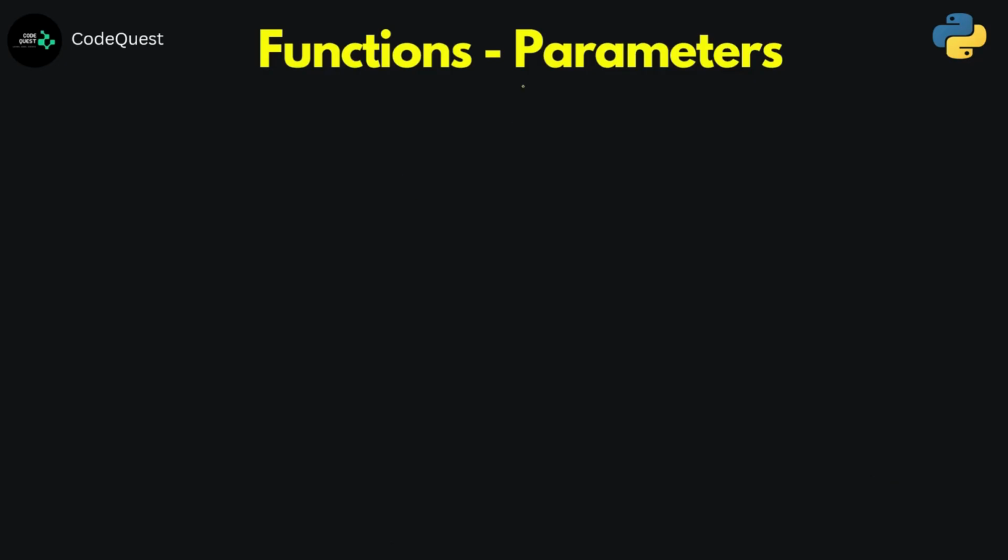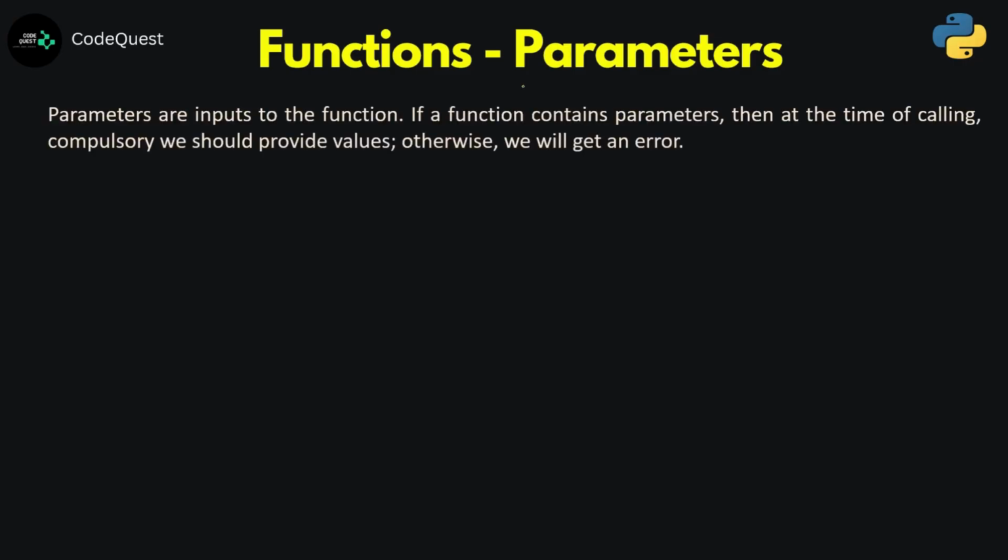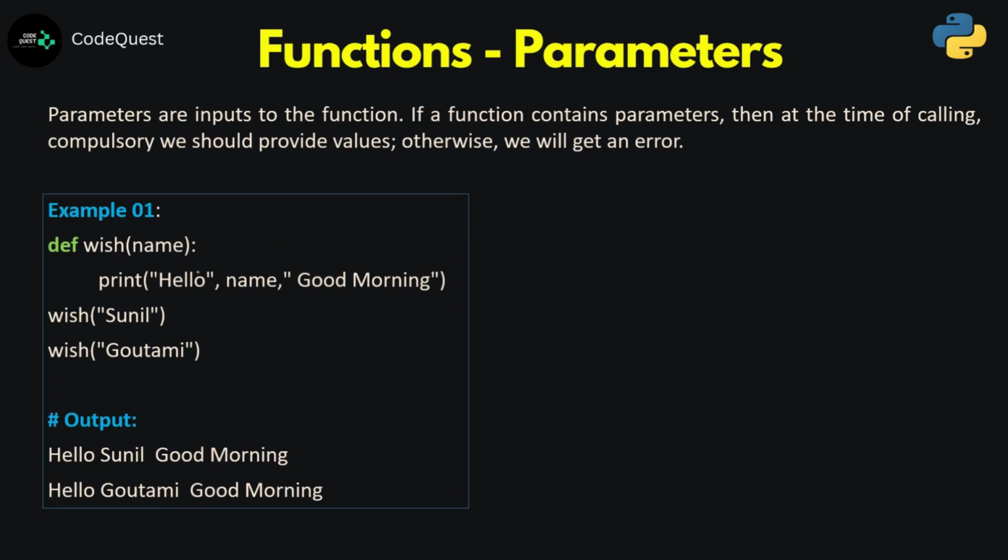Now, every function that we define may or may not have parameters, and usually the parameters are the inputs that are given to a function. If a function contains one or more parameters, then at the time of calling we compulsorily have to provide those values. If we do not do that, then we will get an error. For example, here let's say we have taken a function, say wish, and there is one parameter here.